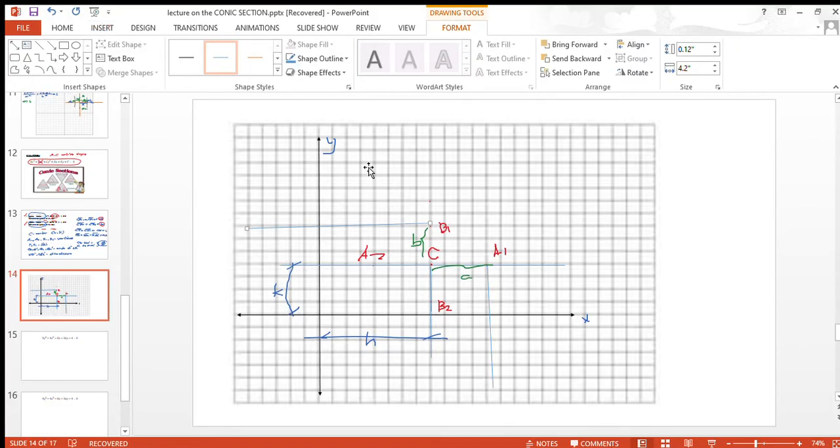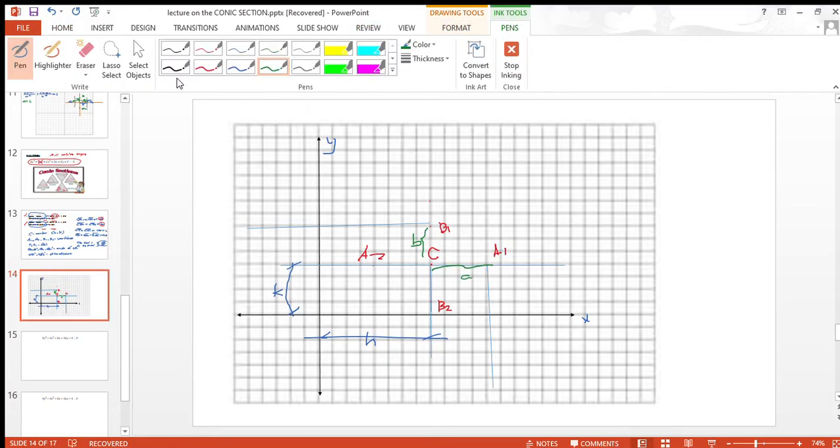So if we are now after the coordinates of A1, this section here will be for the abscissa of A1, which is H plus A. Isn't it that this is A?